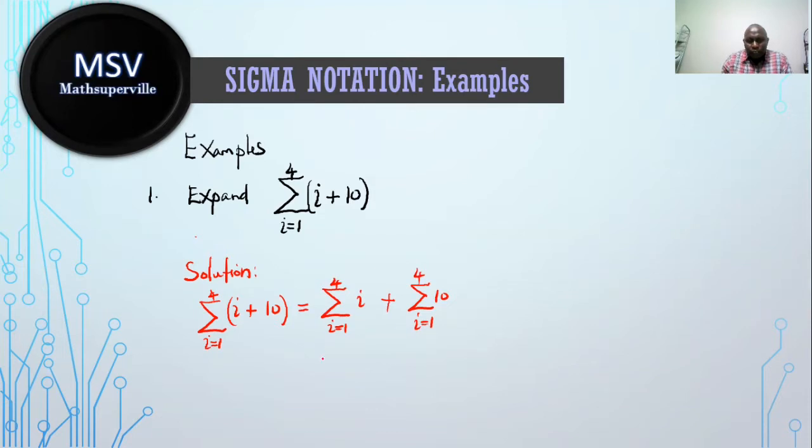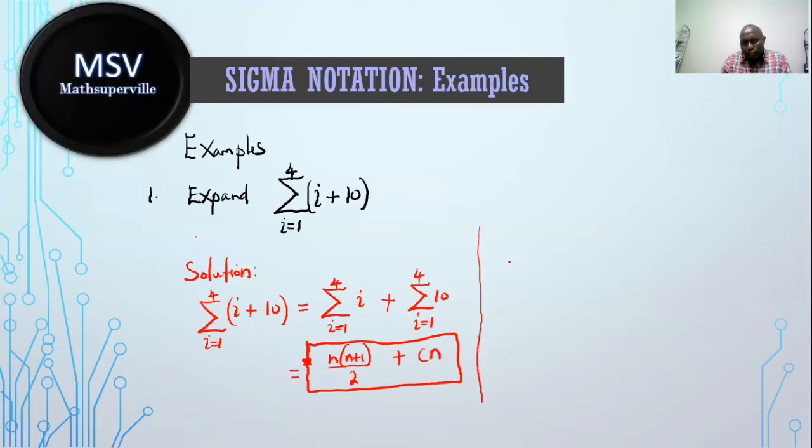And if you remember, the sum of i was n times n plus 1 divided by 2. And then the sum of a constant was the constant times n. This was the rule that we talked about in the last section. So next, I'm just going to replace.